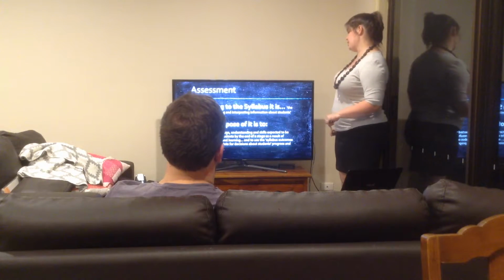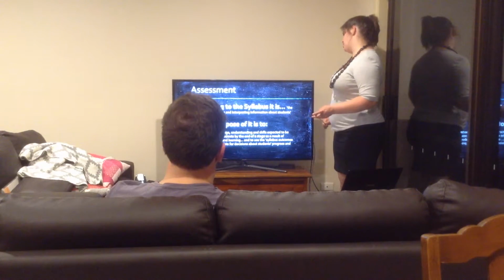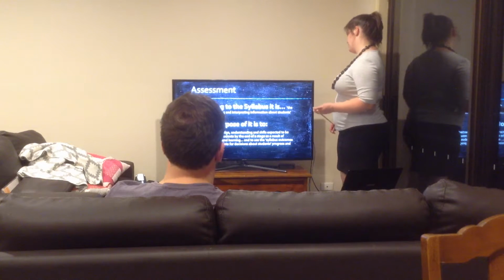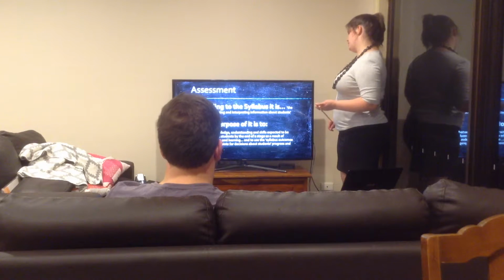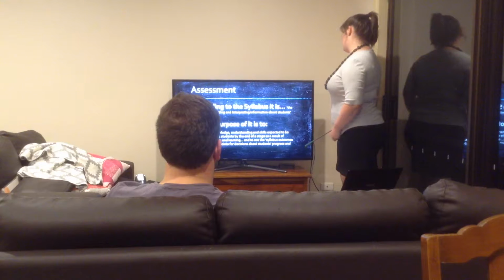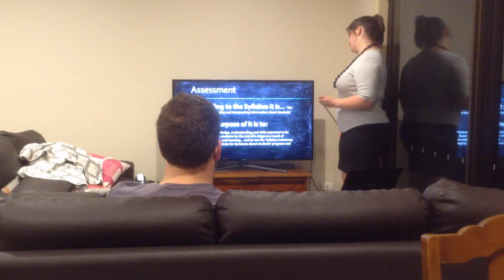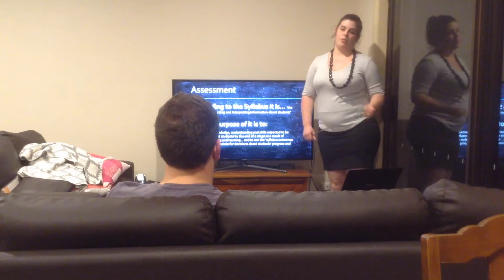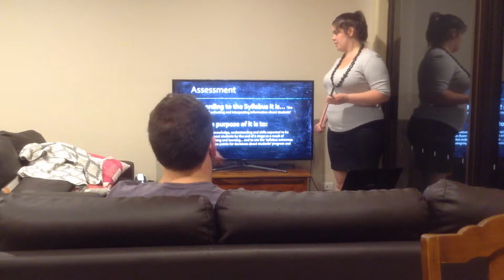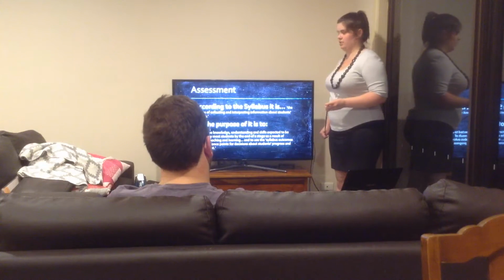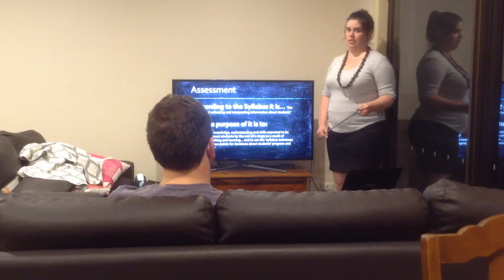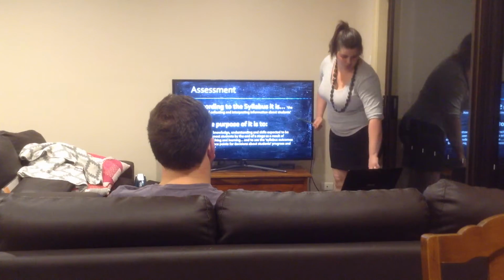And the purpose of it is to indicate the knowledge, understanding and skills expected to be acquired by most students by the end of a stage as a result of effective teaching and learning, and to use the syllabus outcomes as key reference points for decisions about students' progress and achievement. So all that sounds really heavy and really serious, but it's a very significant definition. It shows us exactly what the syllabus means when it says that assessments are necessary to support student learning.